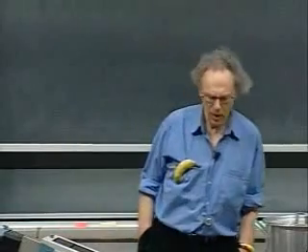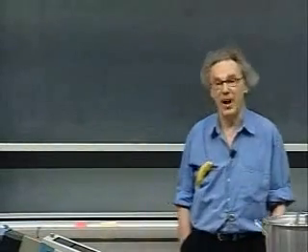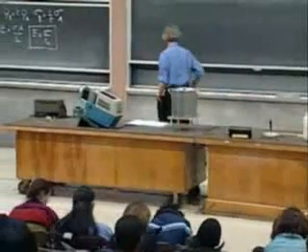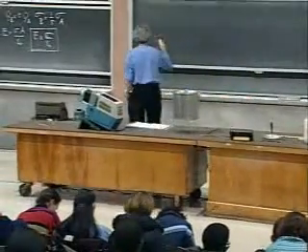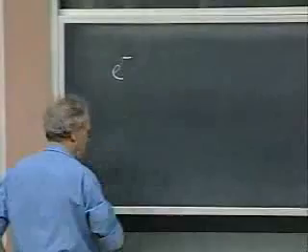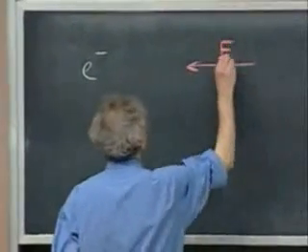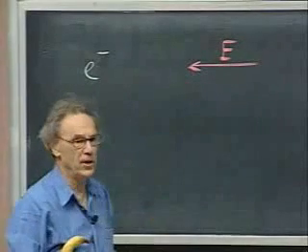If the electric field becomes too high, we get what we call electric breakdown. We get a discharge into the air, and the reason for that is actually quite simple. If I have an electron here, and this is an electric field, the electron will start to accelerate in this direction.